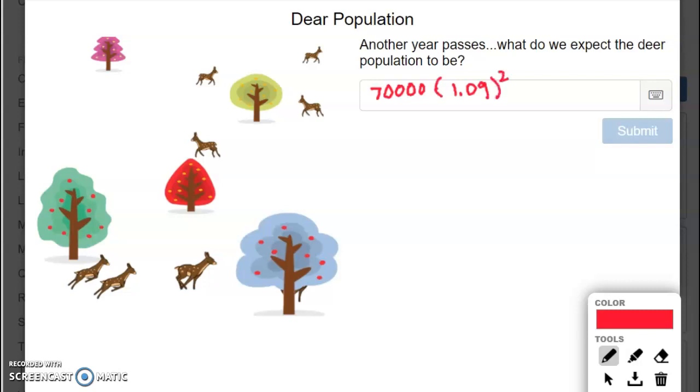So I can actually square it and then multiply it. So when I do that using my calculator, 1.09 times 1.09 multiplied by 70,000 is going to be equal to 83,167 deer.